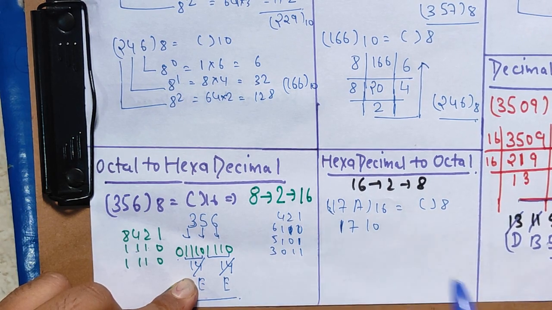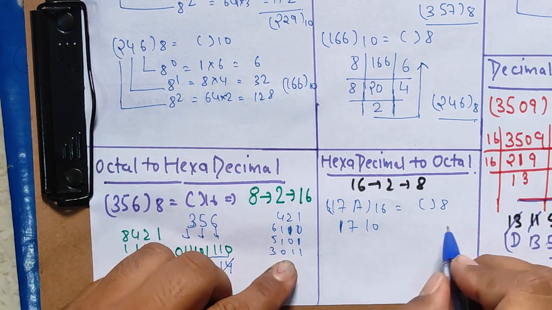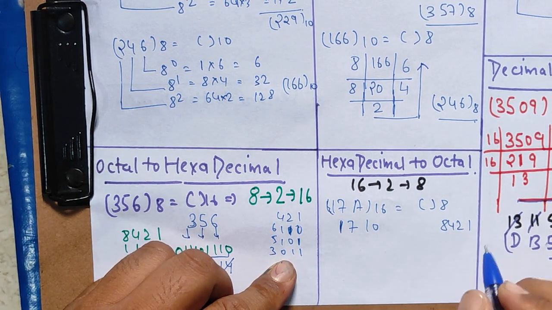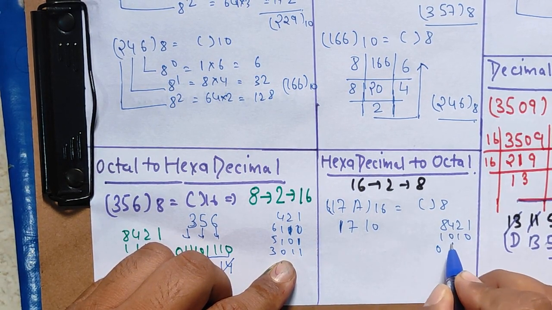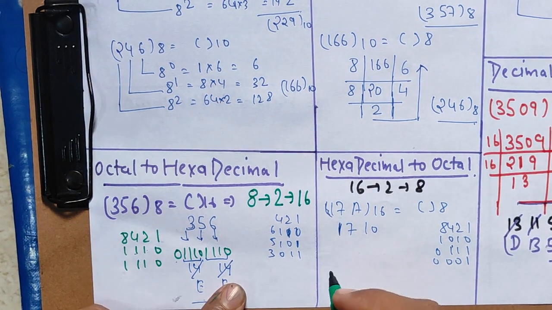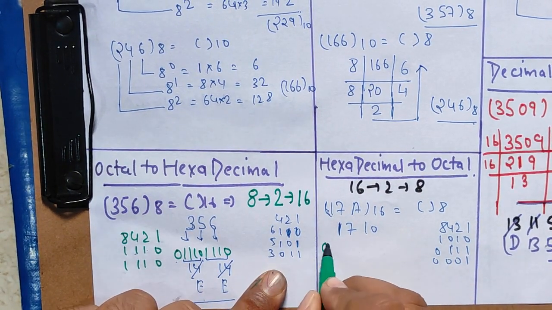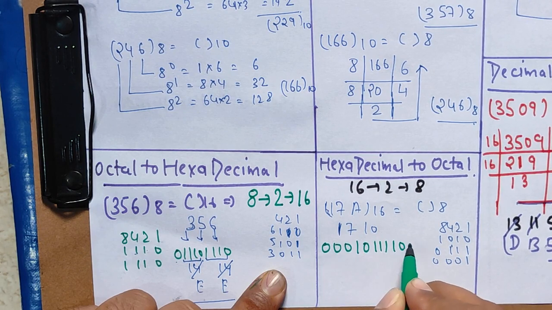Okay, so for that, how can we convert a hexadecimal into binary? 8421 code. For 10 it will be 1010, for 7 it will be 0111, and for 1 it is 0001. So I will write the code here as it is: 0 0 0 1 0 1 1 1 1 0 1 0.